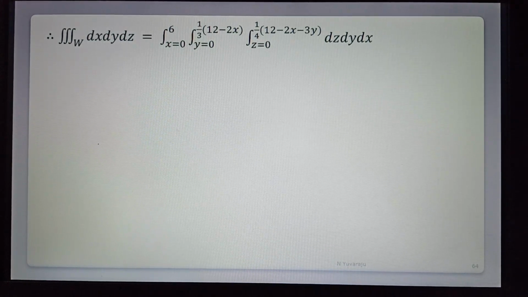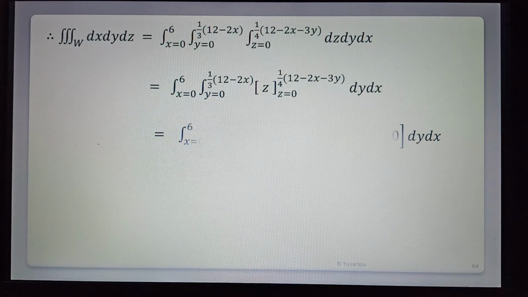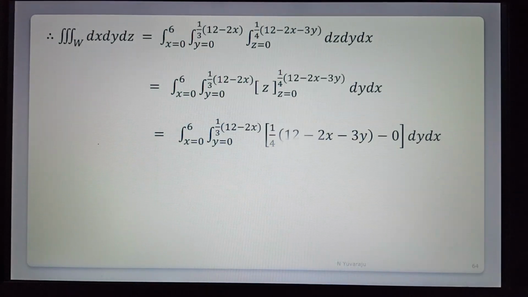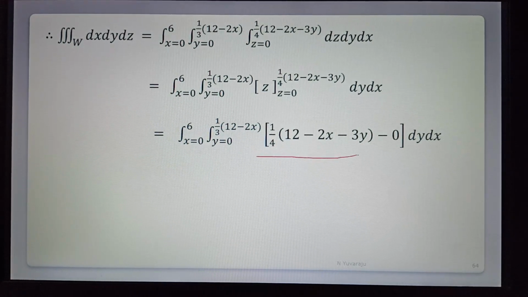First integrating with respect to z, substituting the upper limit and lower limit: the integration x from 0 to 6, y from 0 to 1 by 3 into 12 minus 2x, of 1 by 4 into 12 minus 2x minus 3y minus 0.